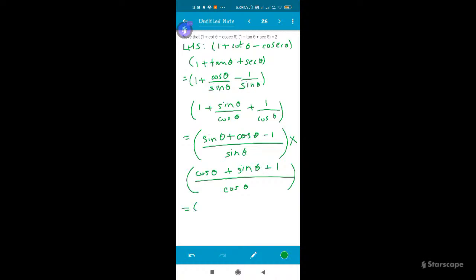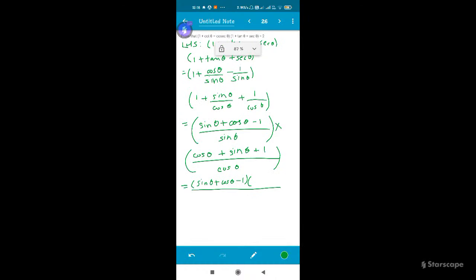So we can write it like this now under the same fraction bar: sine theta plus cos theta minus 1 into sine theta plus cos theta plus 1.